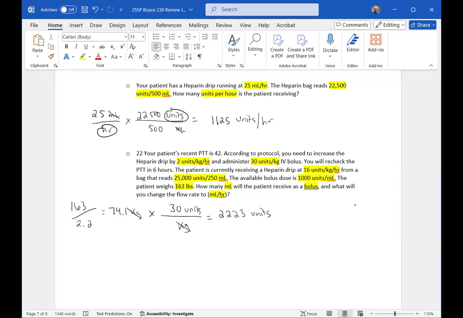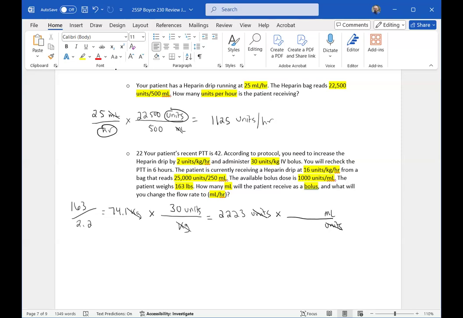But because I've added a couple extra details and I'm asking you to calculate the ml, we have to do one more step, and that is to convert units to milliliters. So I need to have two pieces of information to do that. I need some sort of measure of units per milliliter. You have two options, two availables.